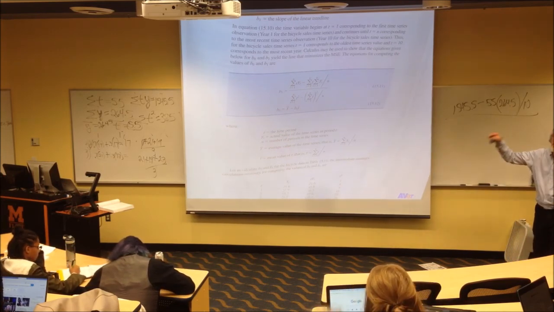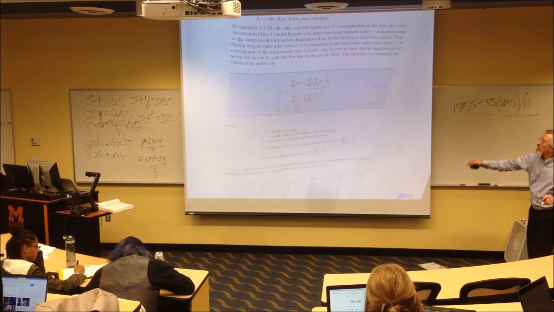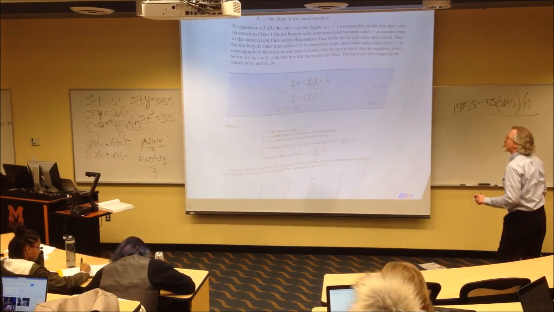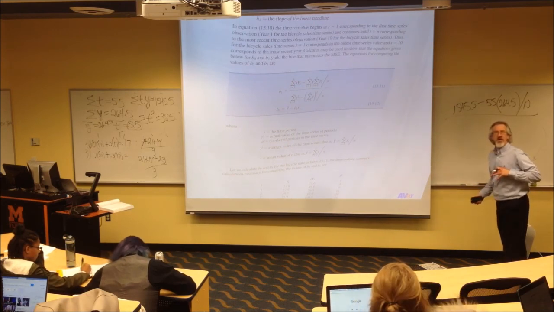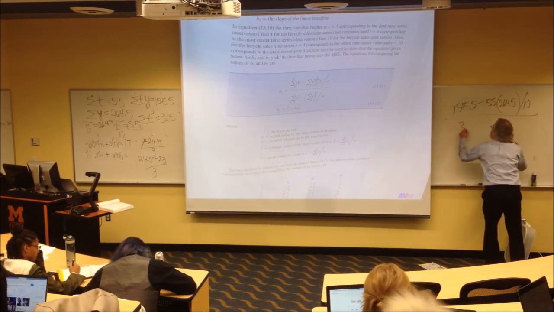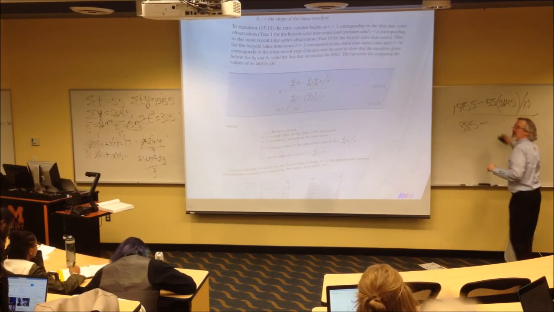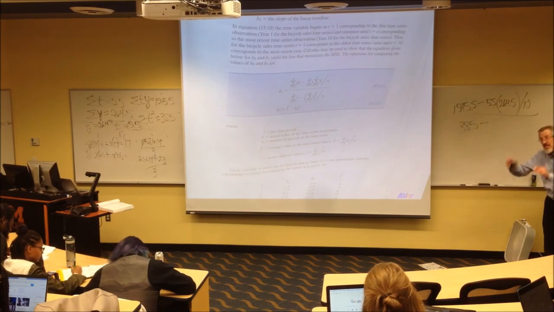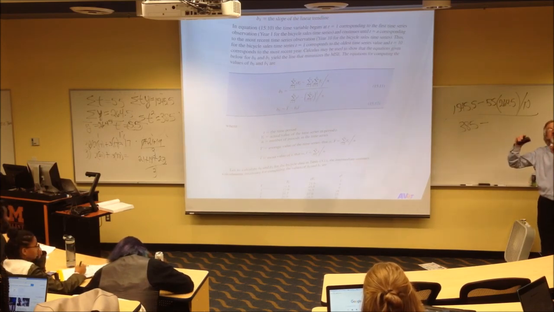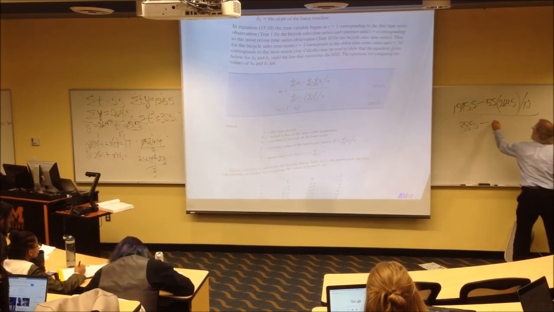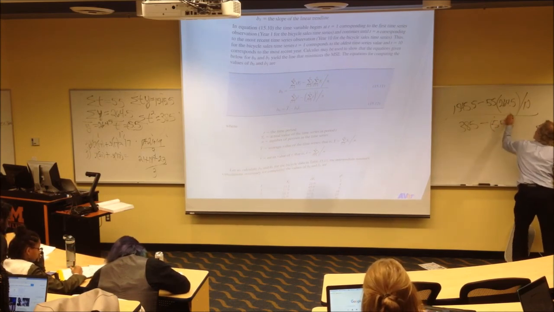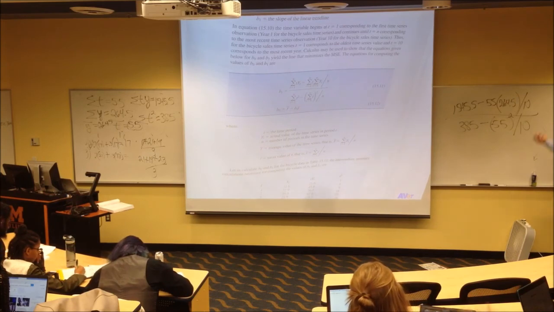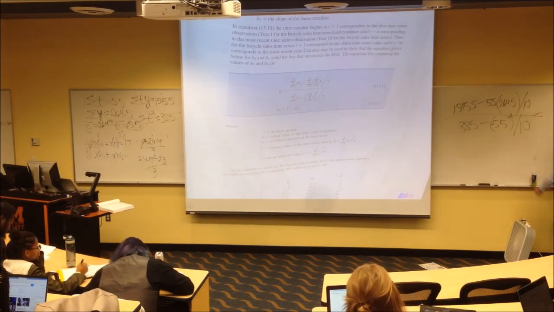The denominator is the sum of t squared, which is 385. 385 minus, now be careful, this is not the sum of t squared. This is the sum of t squared. Just give me the sum of t. 55 squared divided by 10. That's your slope. You just do the math. Boom. Done. What does it equal?